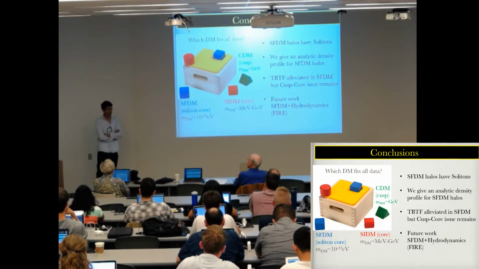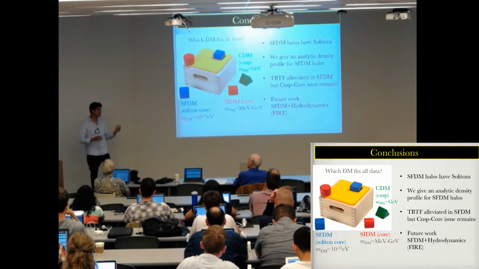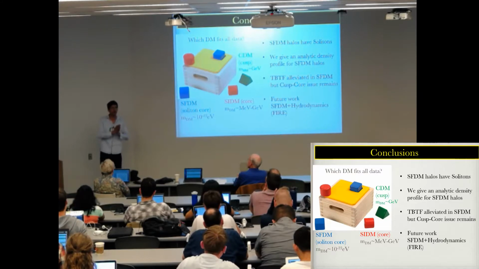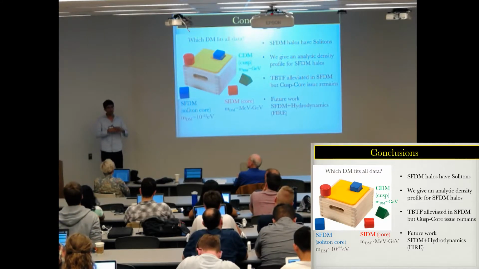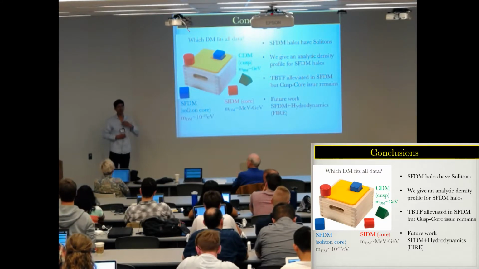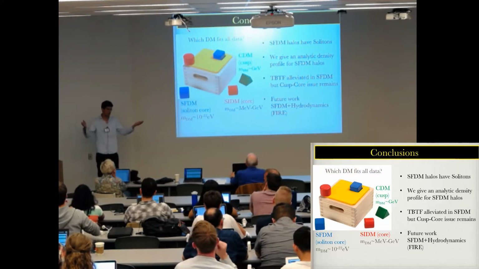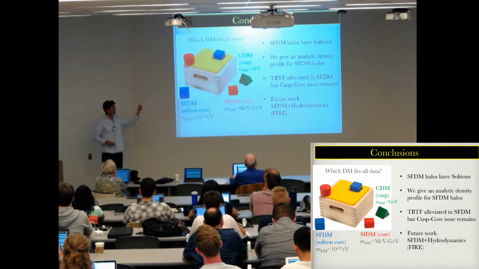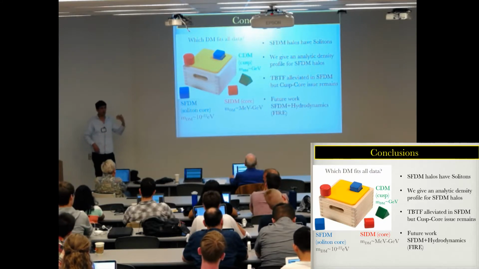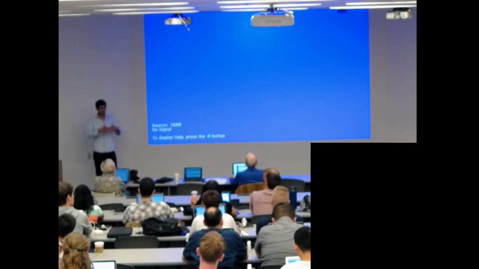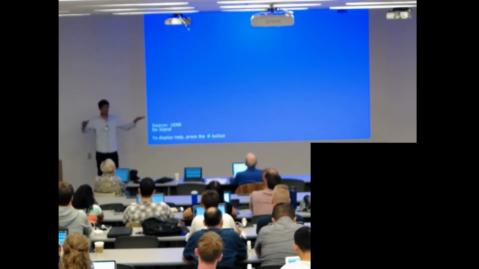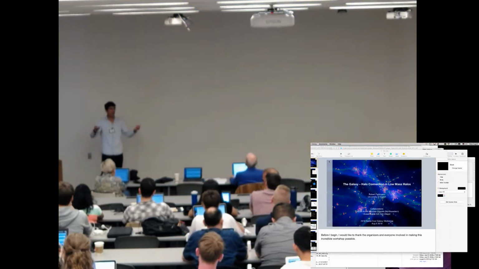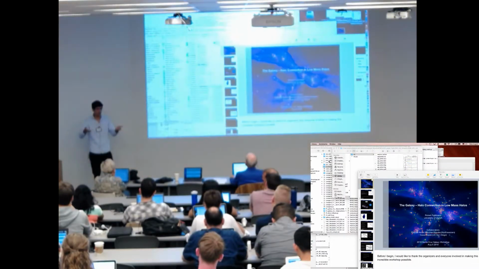Right. Yeah. So this is a little bit more elaborate than that. The idea of this model is that these particles have huge de Broglie wavelengths, and when you have these halos that have 10 to the 10 solar masses or so, you have a huge number of these bosons. So at some early time in the universe, they will have overlapping de Broglie wavelengths, and then at some point they will start becoming coherent.